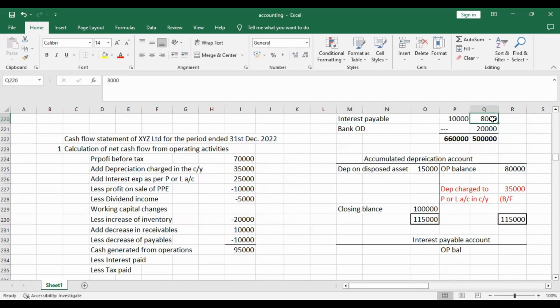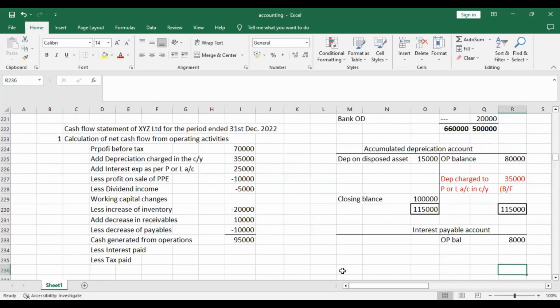Opening balance is 8,000, closing balance is 10,000. You take the opening balance and the closing balance. How much is it? 10,000. We have seen already. Very good.